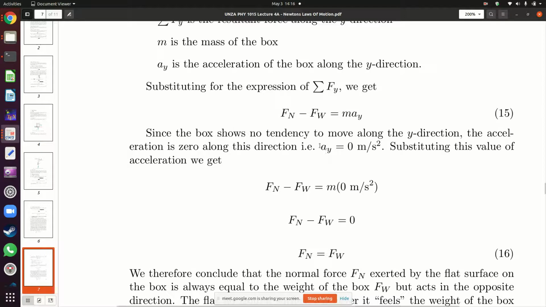That's what you have here. Ay equals 0 meters per second squared. Okay. So we substitute this value of acceleration here. When you do that, we end up having Fn, which is the normal force, minus the weight of the box, is equal to the mass of the box multiplied by the acceleration, which is 0 meters per second squared.